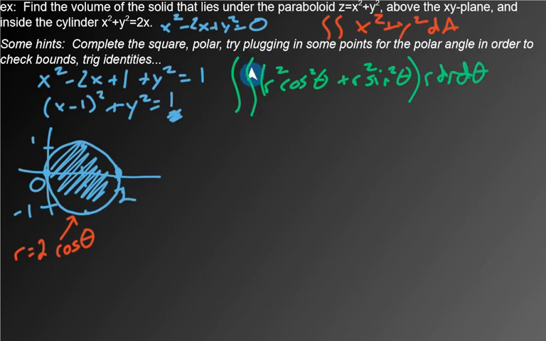And my bounds, in terms of r, the smallest r, because it truly does go through the origin, would be 0, and then we go out in r to that surface, 2 cos theta. So the first bound's 0 up to 2 cos theta in terms of r.